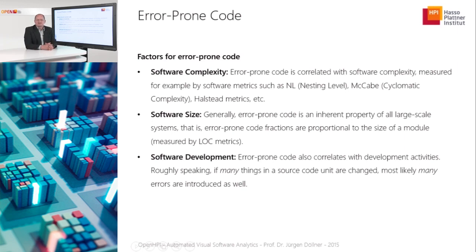It can be measured, for example, by lines of code metrics. Another factor is the software development itself. Error-prone code also correlates with development activities. Roughly speaking, if many things in a source code unit are changed, then most likely many errors are potentially introduced as well.